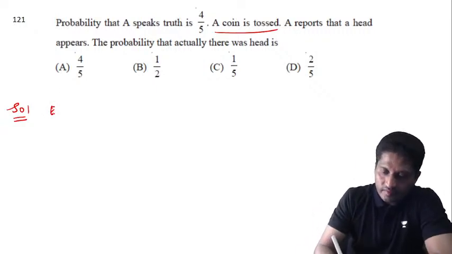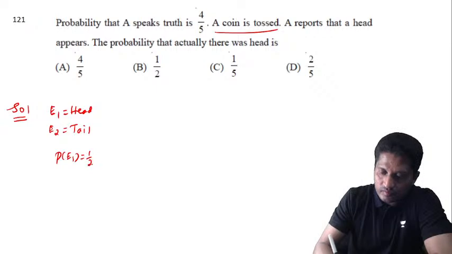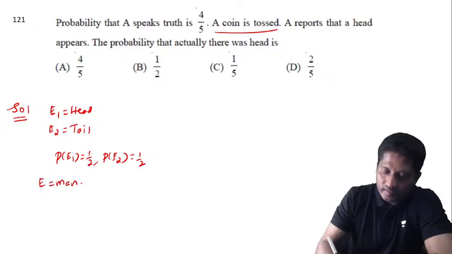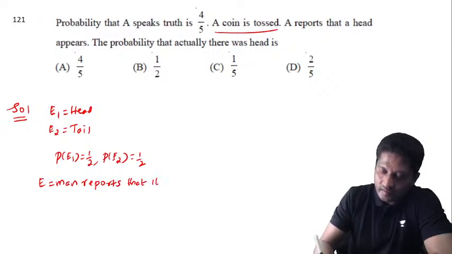Let E1 be the event of getting a head and E2 the event of getting a tail. So P of E1 is equal to 1 by 2 and probability of E2 is equal to 1 by 2. Now E is the event that the man reports that it's a head.